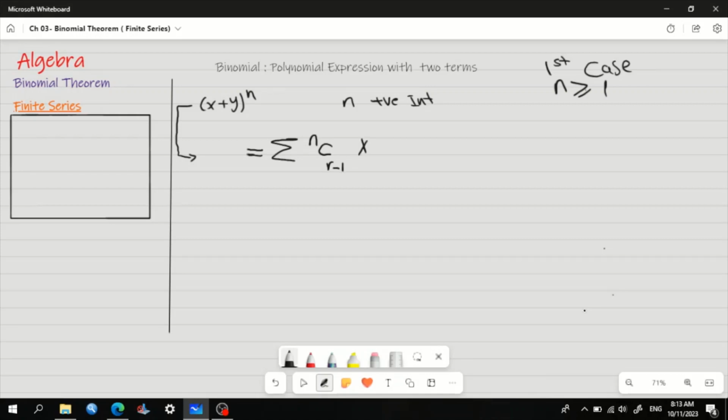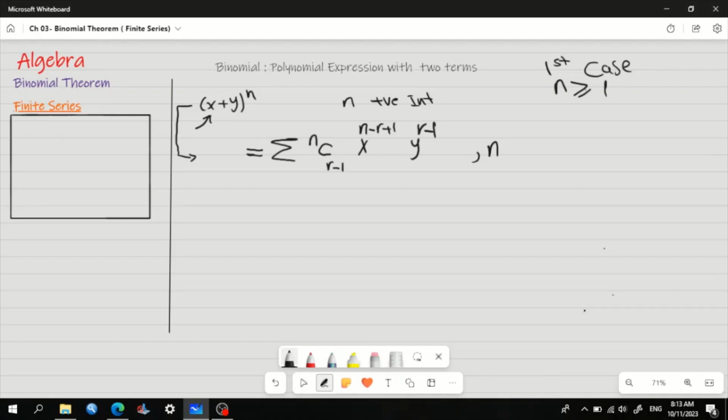Here the first term is x, so it isn't necessary to find x; x here just represents the first term. So x to the power n minus r plus 1, and y here represents the second term, with power r minus 1.